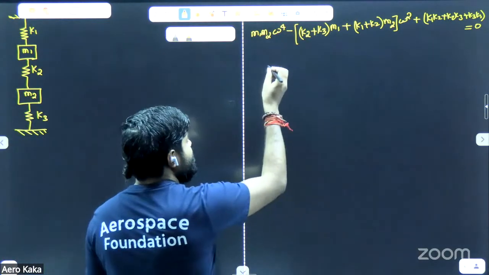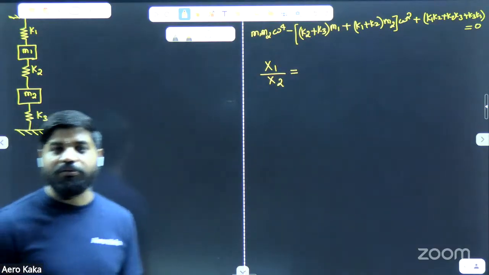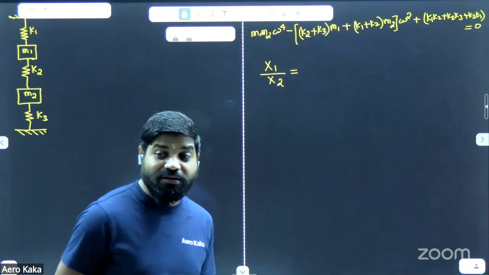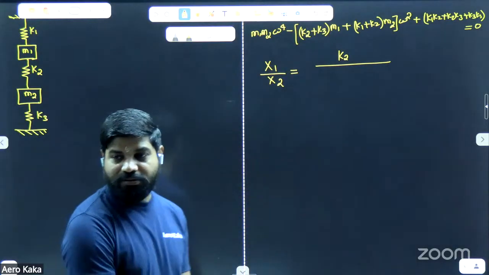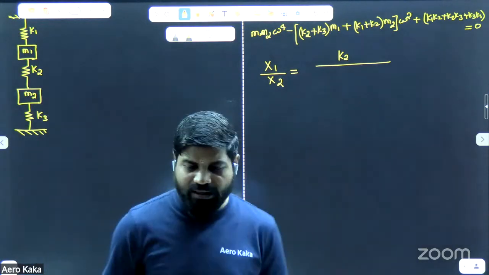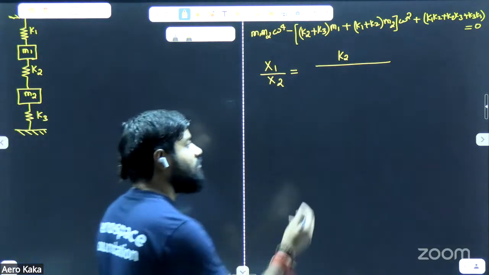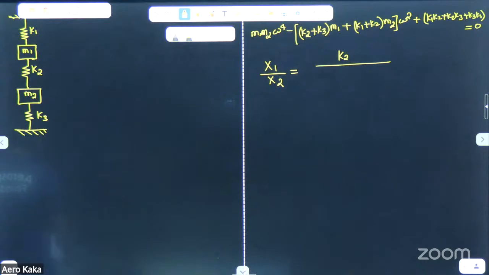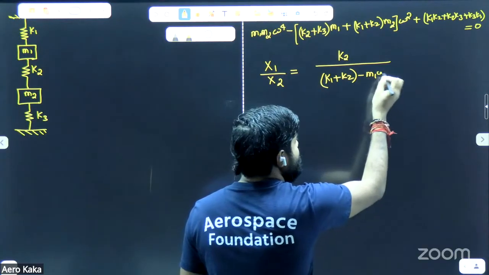Now, one more thing. What is the value of x1 upon x2 in this case, if you are going to derive it? It is K2 divided by K1 plus K2 minus M1 omega square.